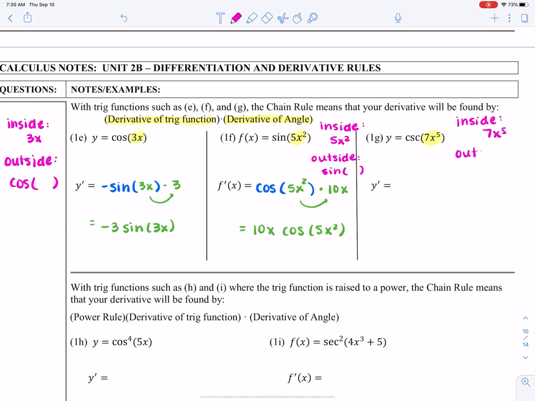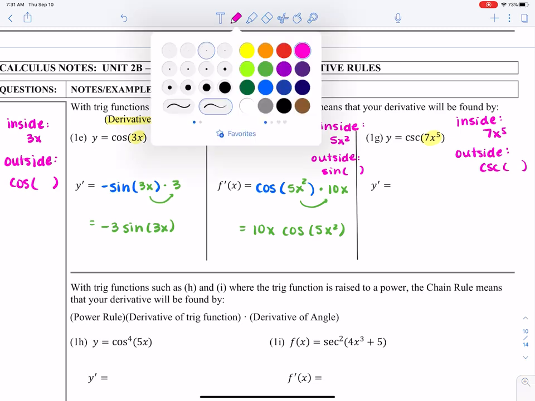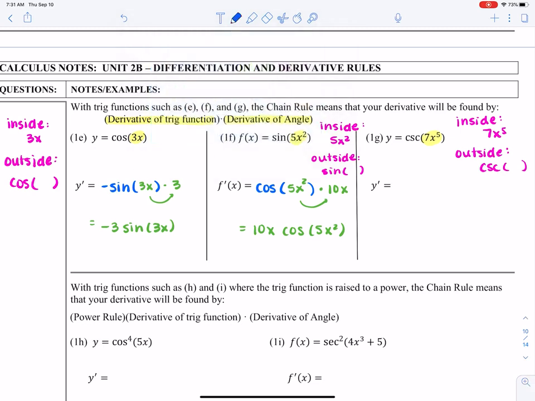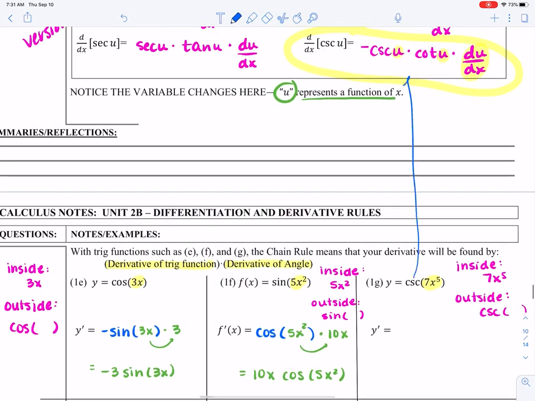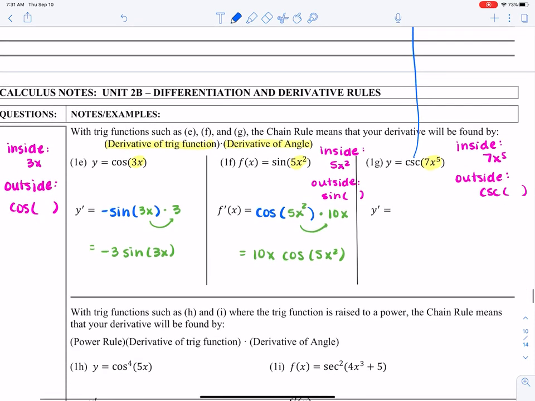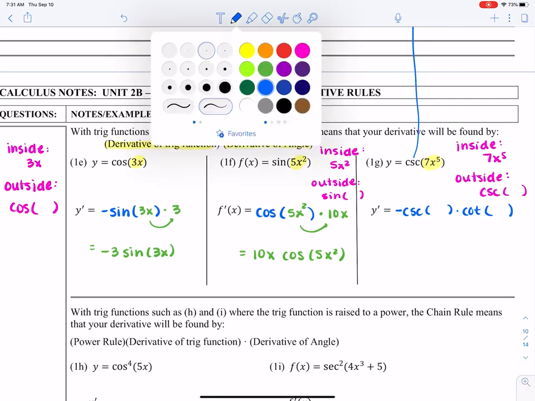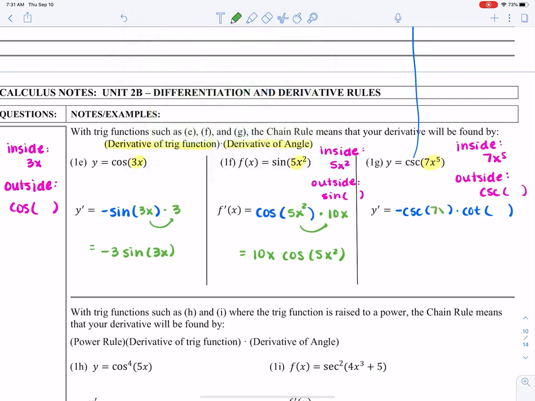My outside function is going to be cosecant of stuff. Now be careful. When I take this derivative, again, let me remind you, this derivative has two pieces, a cosecant and a cotangent. So I'm going to say negative cosecant of stuff, cotangent of stuff, and both of them are going to get a 7x to the 5th.